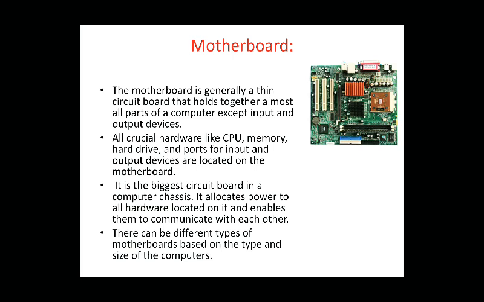Now all crucial hardware like the CPU, memory, hard drive, and parts of input and output devices are located on the motherboard. So the motherboard has the hard drive, the memory access, and the CPU. That means whatever operational registers and parts we have to use come under the motherboard. So when you are purchasing your phone, you also check the motherboard, right?